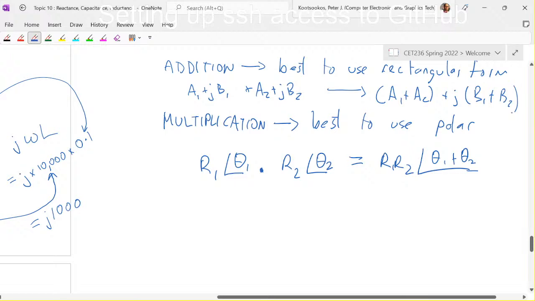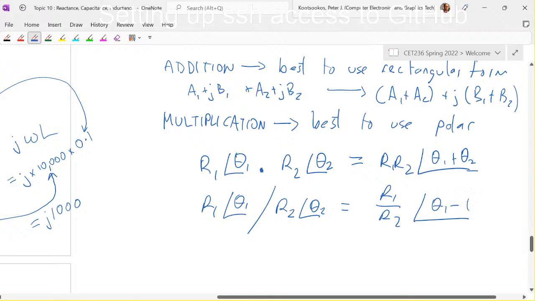Similarly, for subtraction, it's best to use rectangular form. Similarly, for division, it's best to use polar. The only difference is we subtract the angles and ratio the magnitudes.